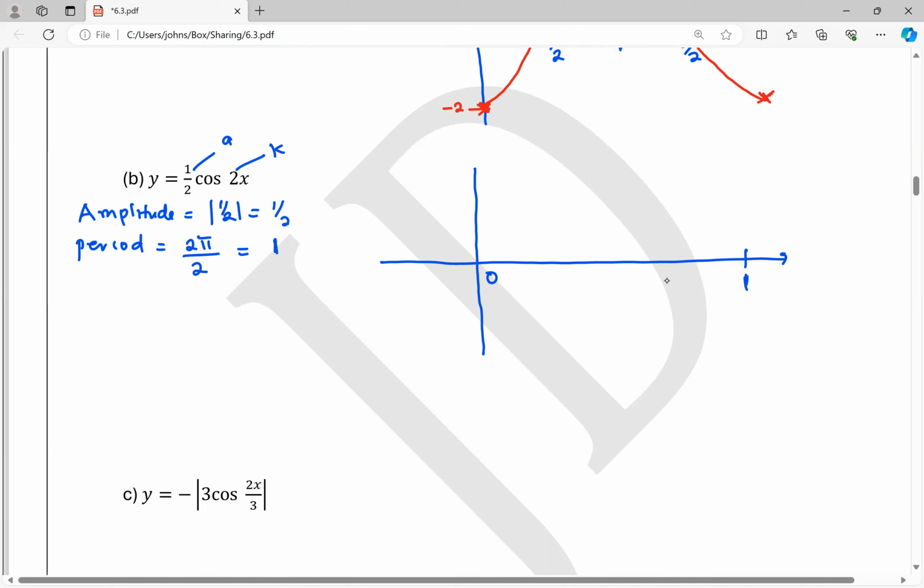Now we have to divide this interval into 4, right? Dividing this interval into 4, what does that mean? What it means is you divide this interval, this is going to be half. Now this is half, and this will be 1 over 4, and this will become 3 over 4.